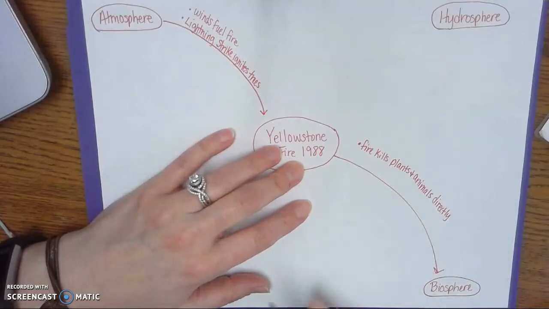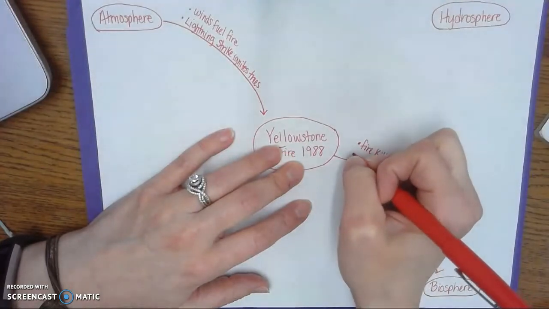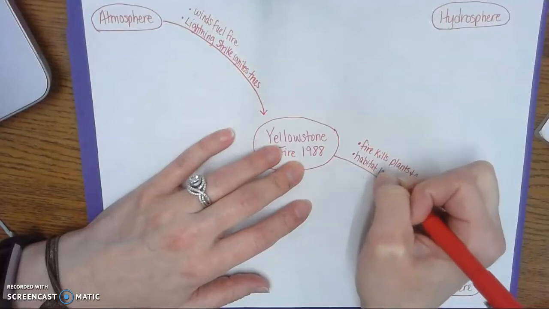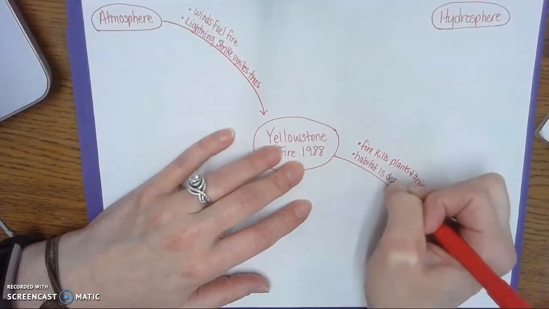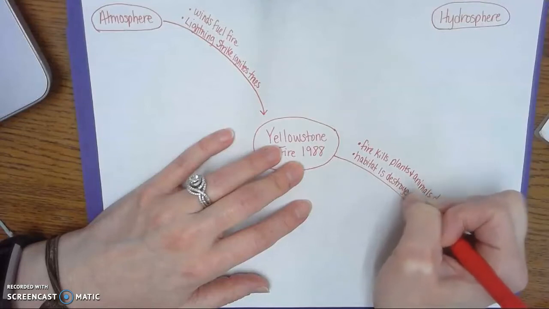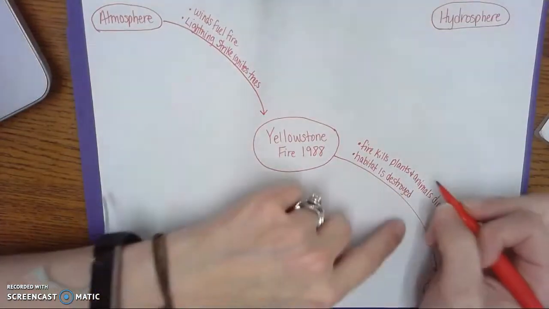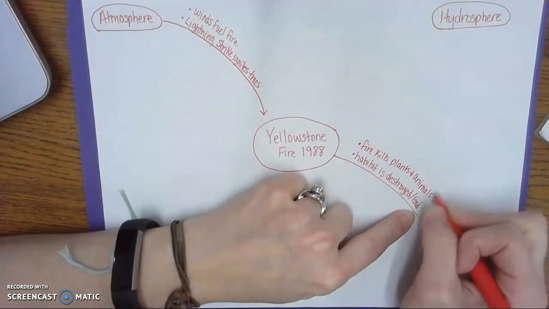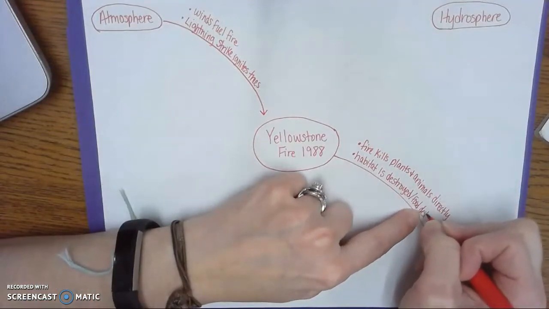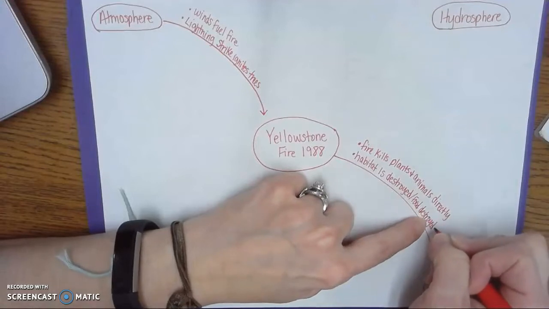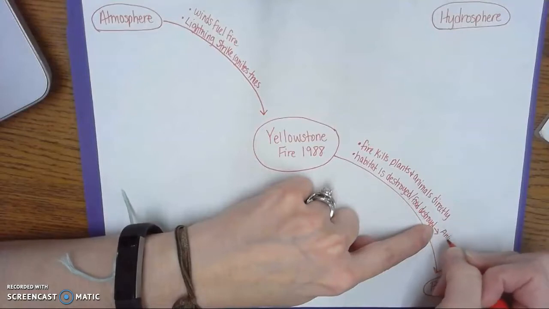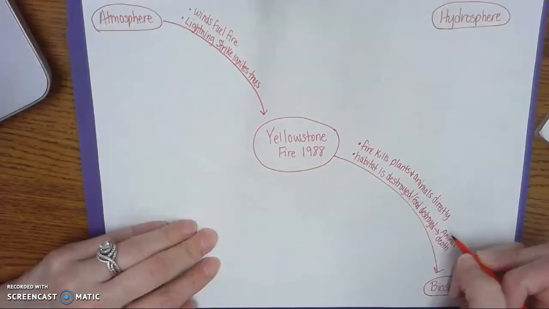Then you also get, because their habitat was destroyed, habitat destroyed and food destroyed, that also is going to lead to animal death from starvation.